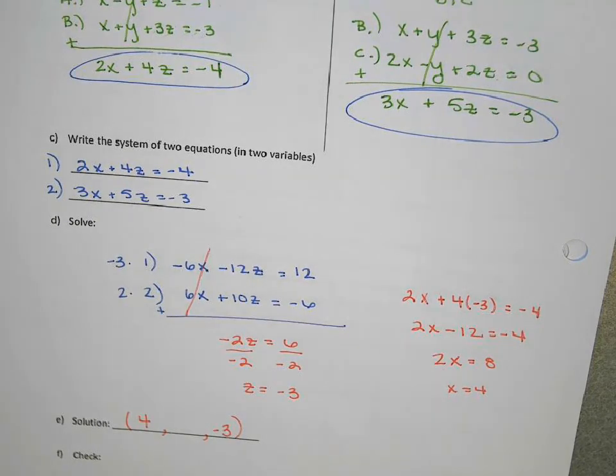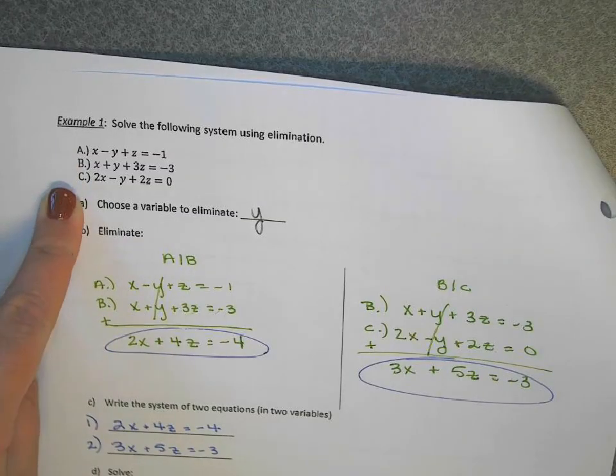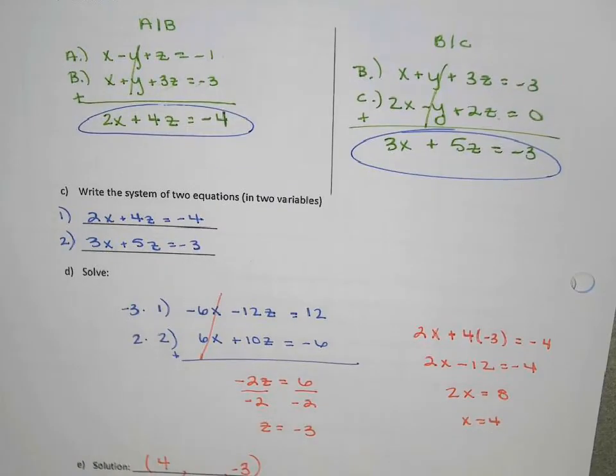What else? I have x and I have z, but how am I going to find y? You have to plug it back into either a, b, or c. Which one do you want to plug it into, a, b, or c? A? Okay, sure.